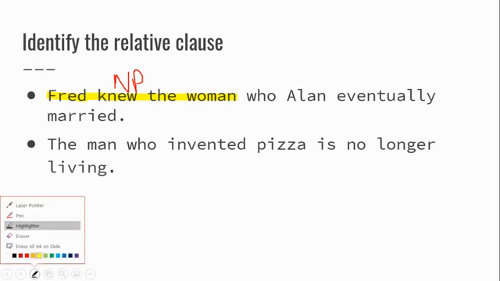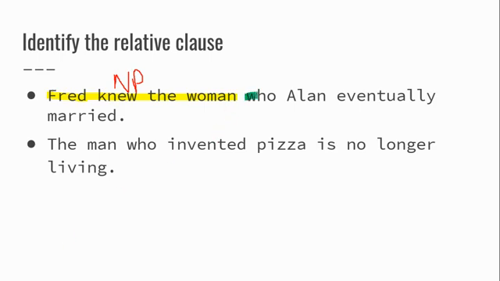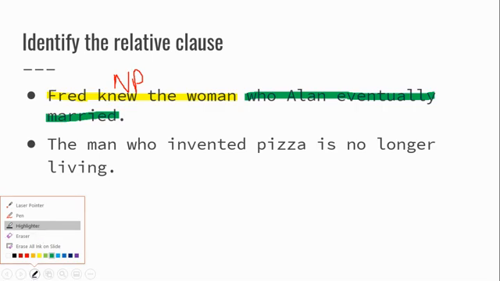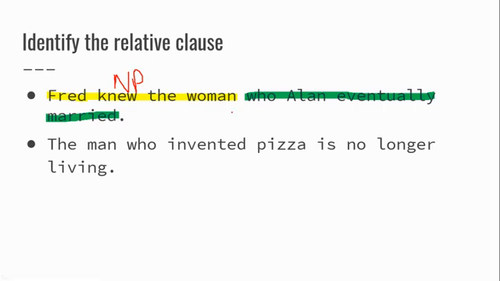Every relative clause is going to start with some form of pronoun or adverb, and we can see in this sentence that right after Fred knew the woman comes who Alan eventually married. This is a good indicator that this is our relative clause, modifying our noun phrase.